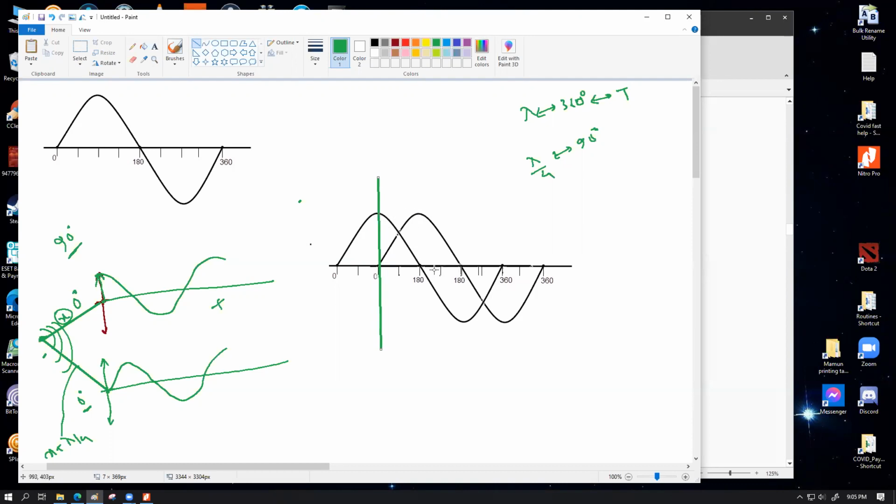The one that we are calling the leading source is leading in the sense that it received the original wave from the primary source, which is this one, earlier. This source received the information earlier, hence it is the leading source.